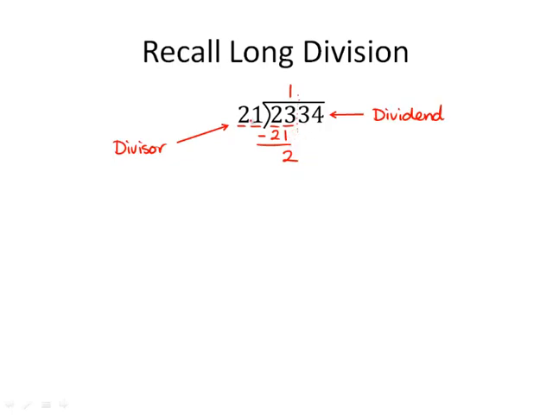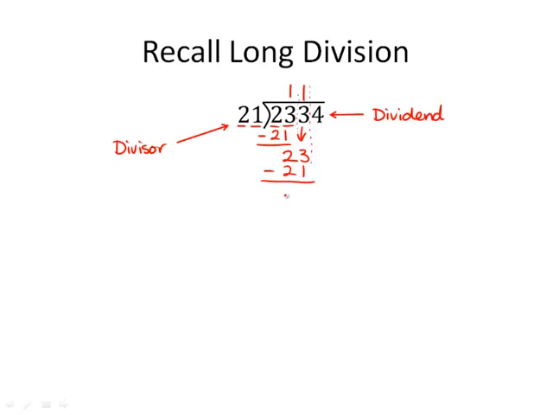Once you're here, if you want to continue, you would drop the 3. And now, again, you're going to fit 21 into 23 and place the answer to that above the end of this number. So 21 into 23 goes in once. Again, you multiply 1 times 21, so that's like 1 times 20 and 1 times 1, giving us 21. We can subtract.